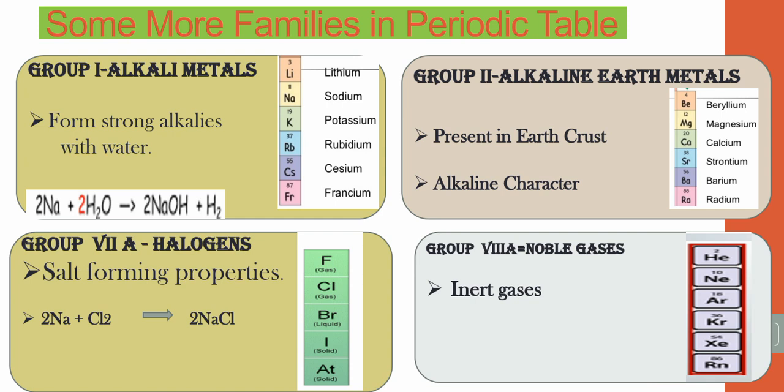So, they are known as inert gases. Members of group 8A are helium, neon, argon, krypton, xenon and radon.